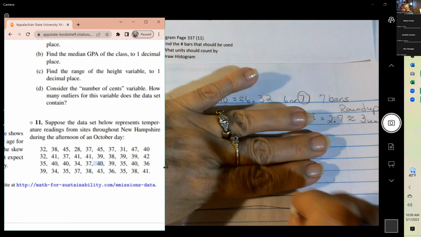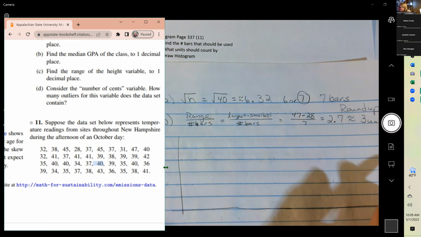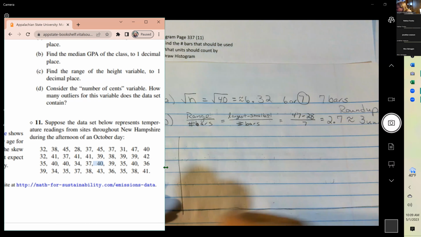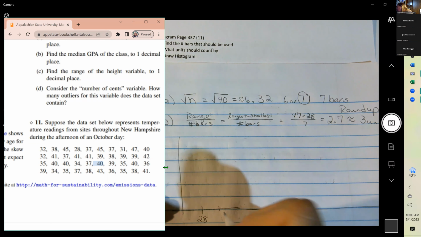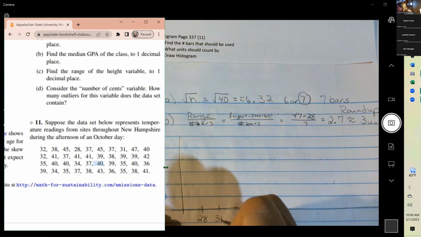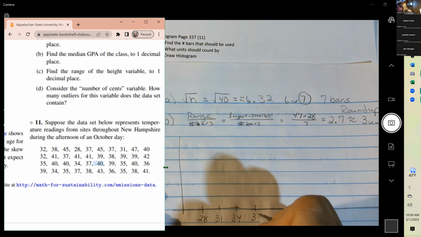So you start with your smallest, and you count by 3s. The smallest one was 28. 28, 31, 34, 37, 40.